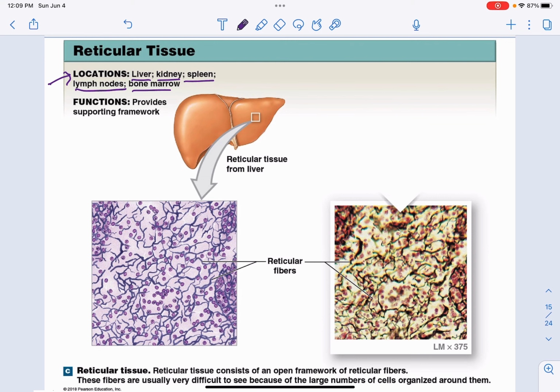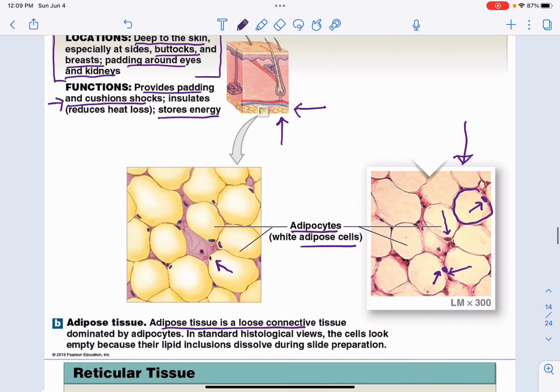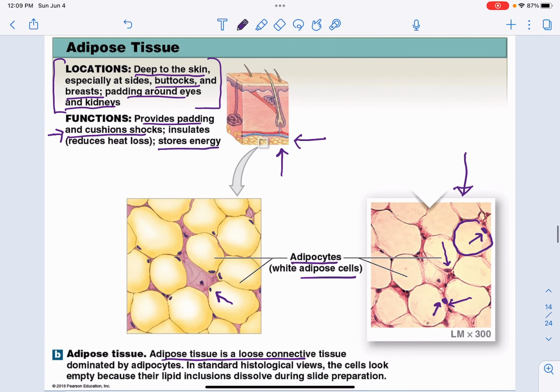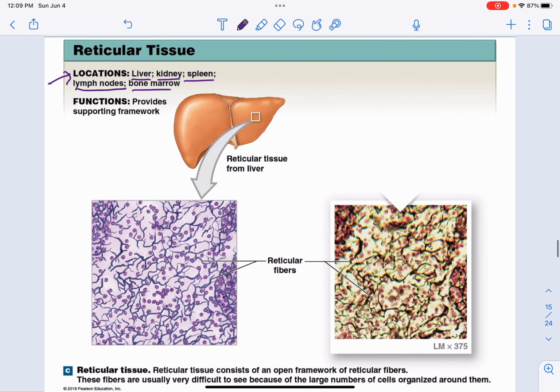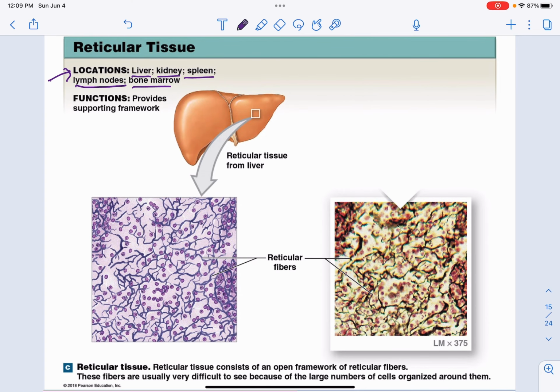Again, it's always good to be able to know the location where you can find these types of connective tissue. I should back up and say there are no fibers located in adipose, okay? And in reticular tissue, the one type of fiber you're going to see are reticular fibers. And remember, they form a mesh network, so they provide a supporting framework for cells to sit in, okay?